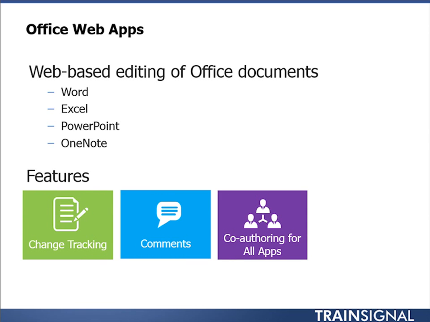We now also have the ability to co-author for all applications. In the past, this was limited to just a couple of Office products. Now we can do co-authoring with all four of the supported Office products: Word, Excel, PowerPoint, and OneNote. Which means I can have two users editing the same spreadsheet or the same PowerPoint document at the same time.